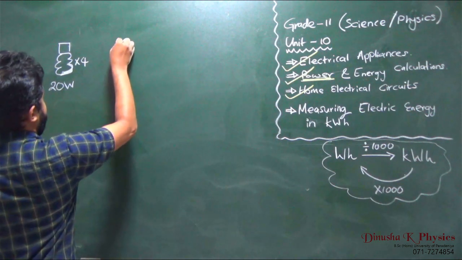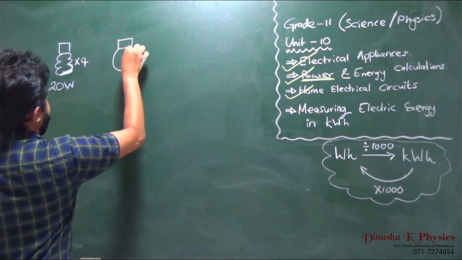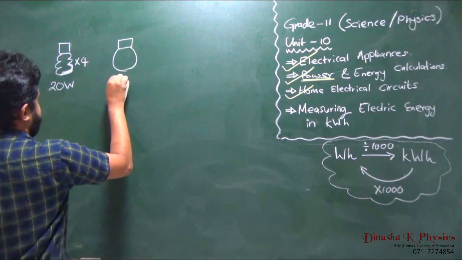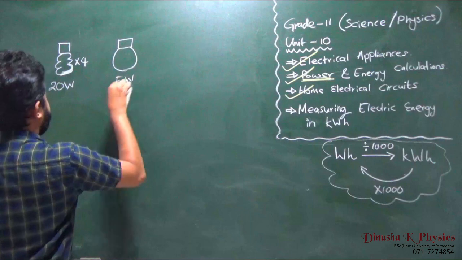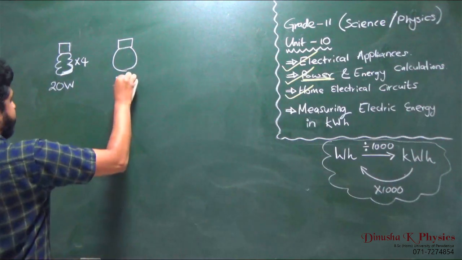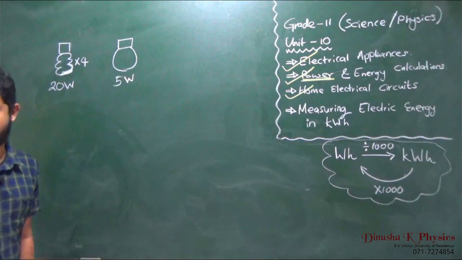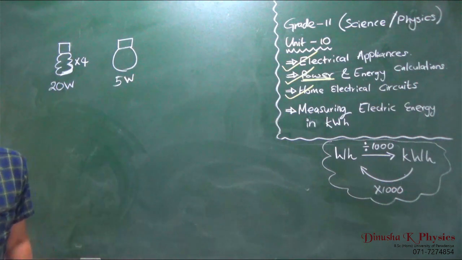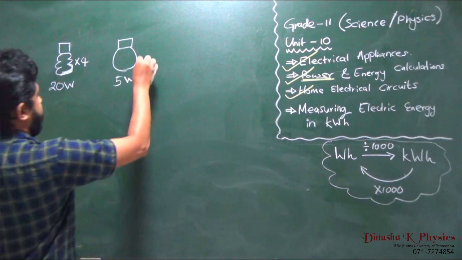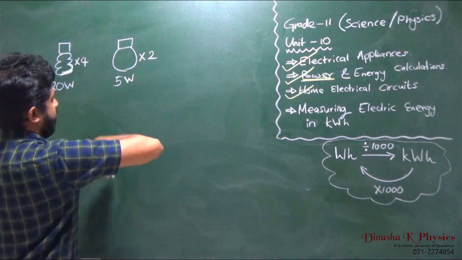And there is another type of bulb, an LED bulb. It will consume 5 watt power, and there are altogether 2 bulbs.